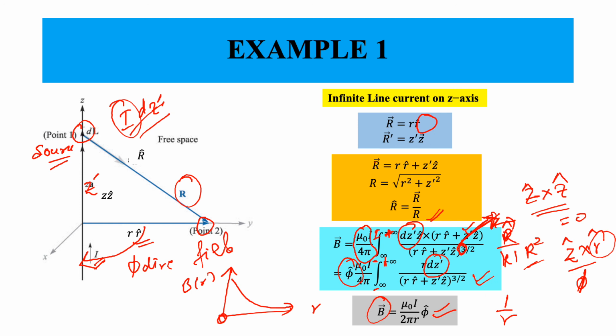The vector is along the phi direction, and its magnitude keeps on decreasing as 1 by r.